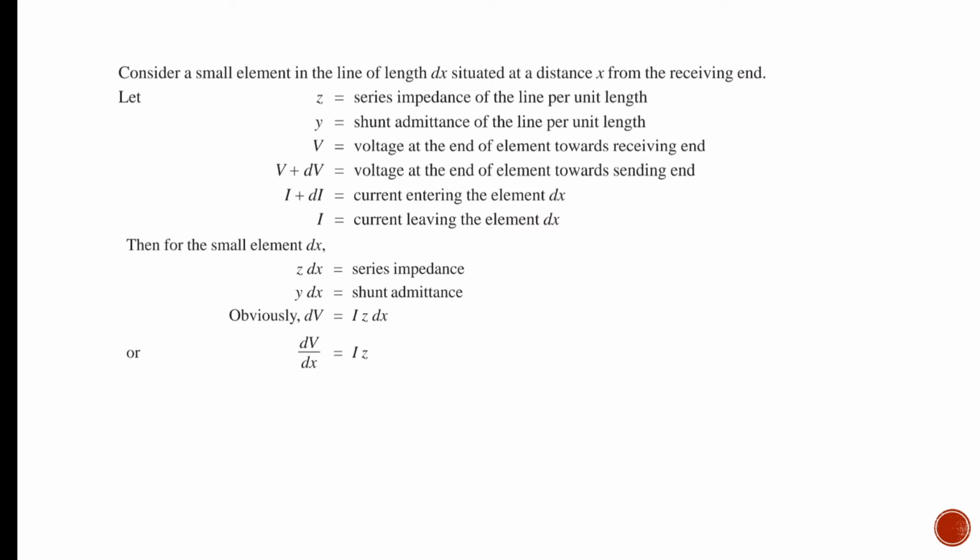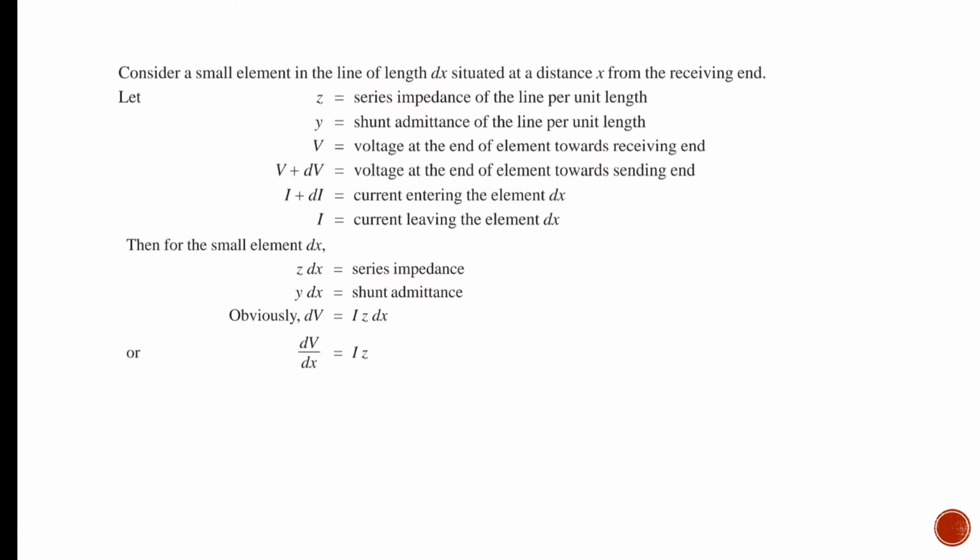Now, for the small element dx, z dx is the series impedance and y dx is the shunt admittance, as I already discussed. Obviously dV is equal to I z dx, that is the current leaving times the series impedance of the element.